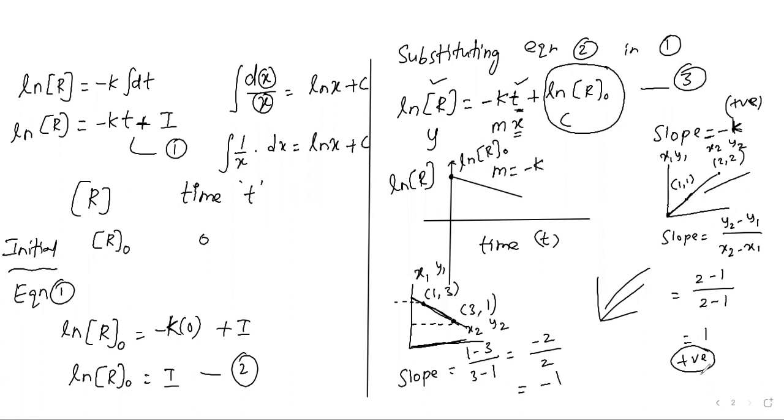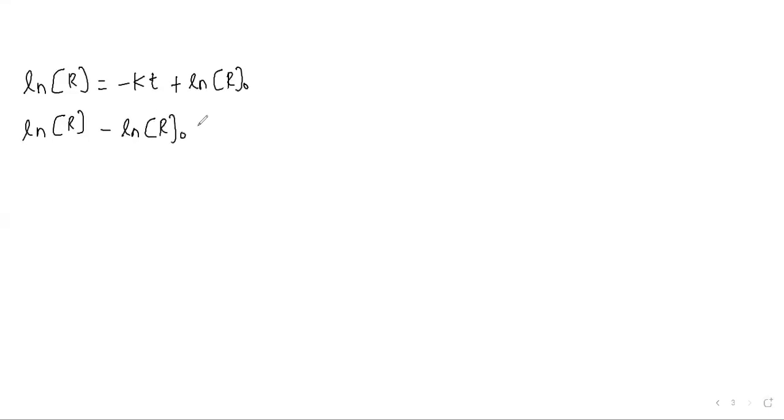Right? This equation 3 can also be written as ln of r equals minus kt plus ln of r naught. You can write this as ln of r minus ln of r naught equals minus kt. Like this also you can write.